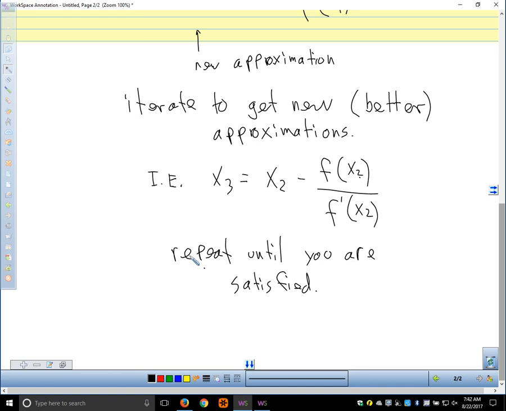When would Newton's method fail? Just looking at our iteration formula, if we end up with f prime equals 0 somewhere in that interval, Newton's method would fail. So you'd get an undefined quantity there.